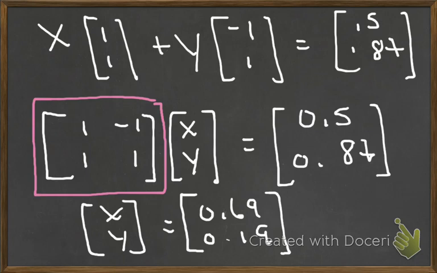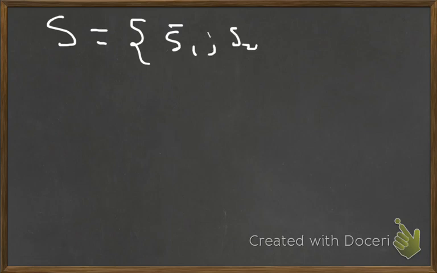So the way we're going to think about it is we know that a basis can actually form any vector in a vector space. So let's assume that our standard basis, I'll call it S just for our purposes, is equal to S1 and S2. So it's that ordered basis.